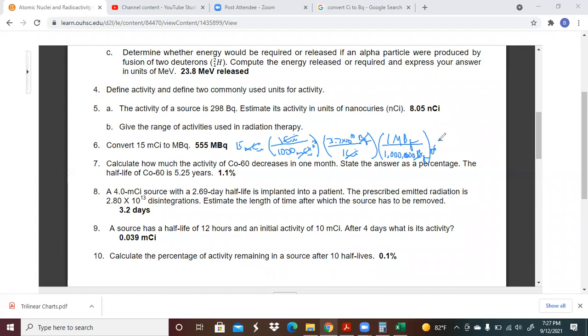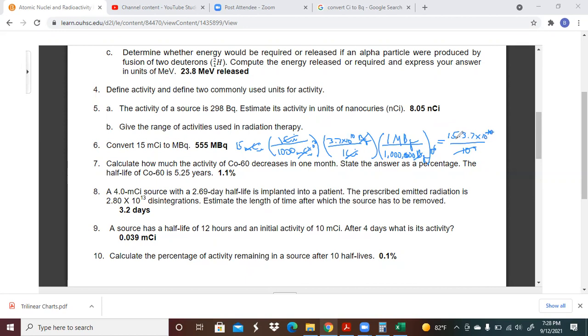So putting all of this together, I'm going to end up with 15 times 3.7 times 10 to the 10th over 10 to the 9th. This cancels with most of this, leaving only that.